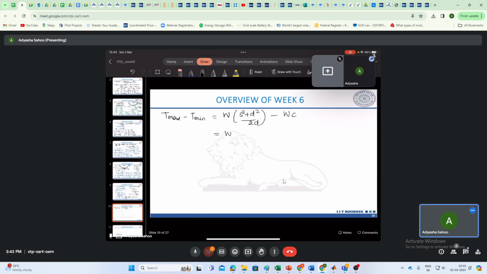And c we had calculated in terms of s square minus d square by 2d times w. The w will go, 2d square, so that will be w times d.